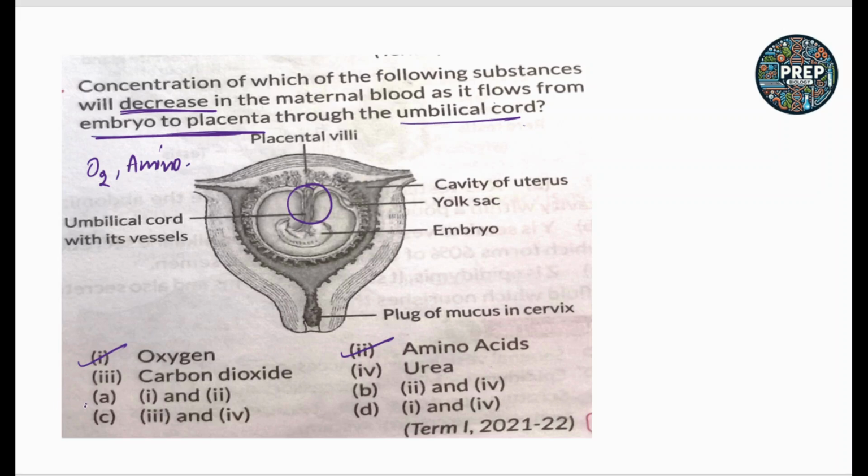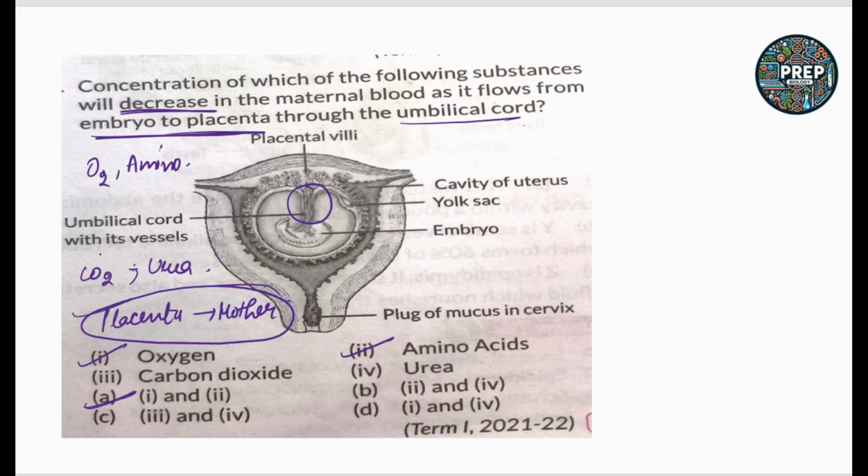So first and second are the answer. But carbon dioxide and urea pass in the reverse direction, from placenta to mother. So the answer of this particular question is option A, that is 1 and 2, oxygen and amino acids.